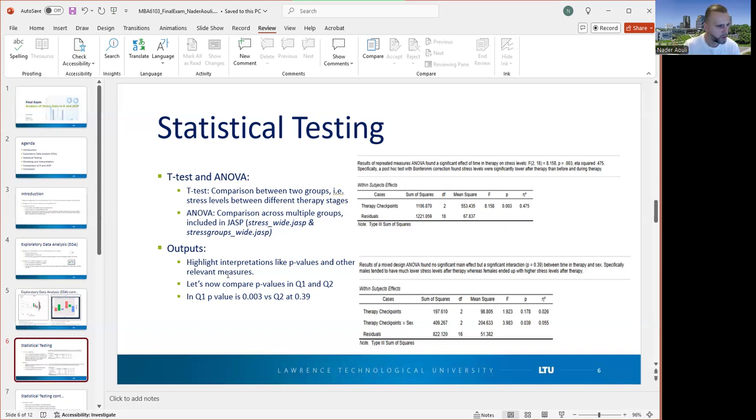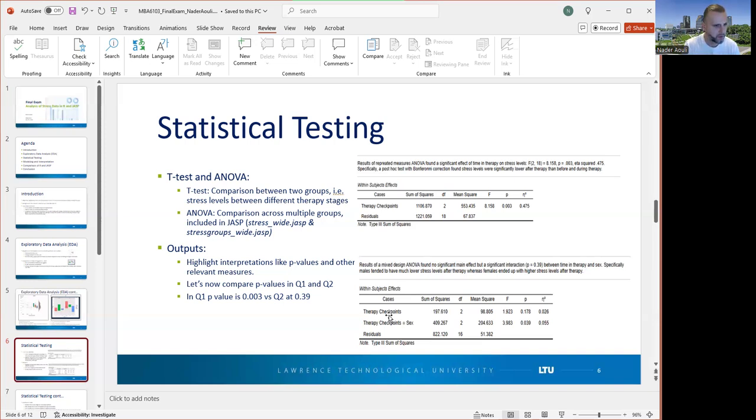Looking at the outputs, this highlights the interpretations like the p-values and other relevant measures. Looking at how the different p-values compare in question 1 and question 2 of Module 10. In question 1, we found that the p-value was 0.003 versus question 2 at 0.39. Again, here's another chart. So in this table, this represents a mixed design ANOVA.